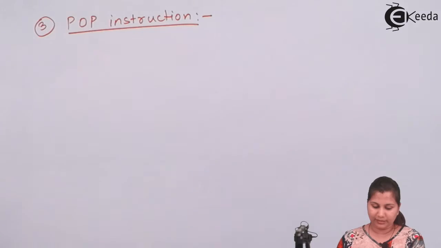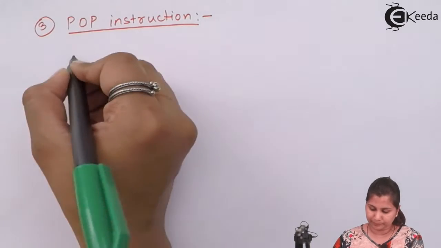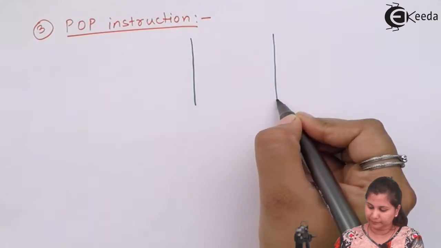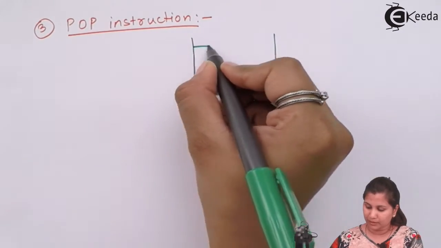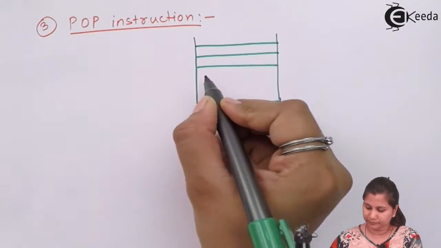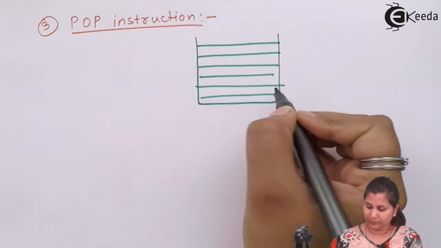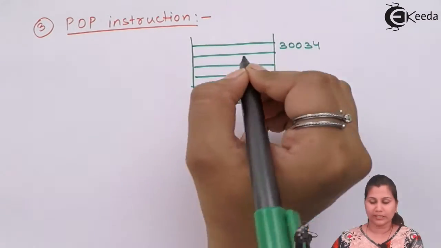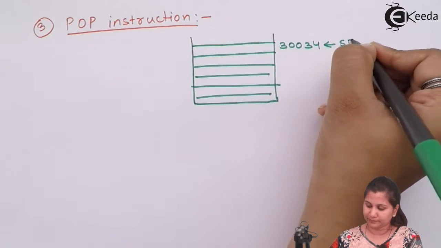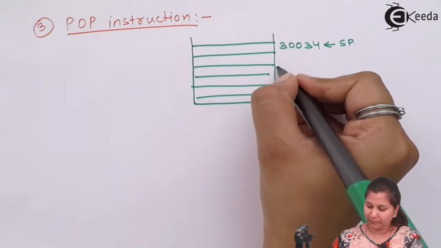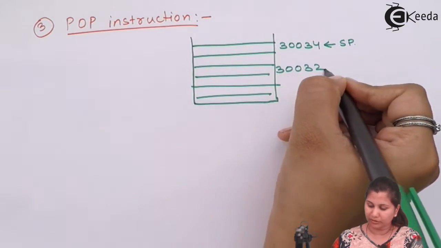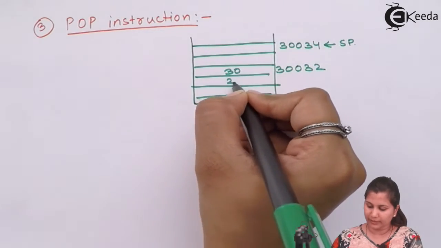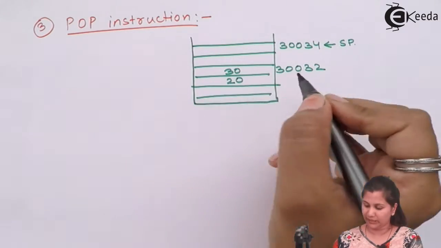Suppose, taking the same example, this was the memory location where the stack was initialized. Then the stack pointer is decremented to the memory location 32. Here the lower order data 30 is stored, and here the higher order data 20 is stored.